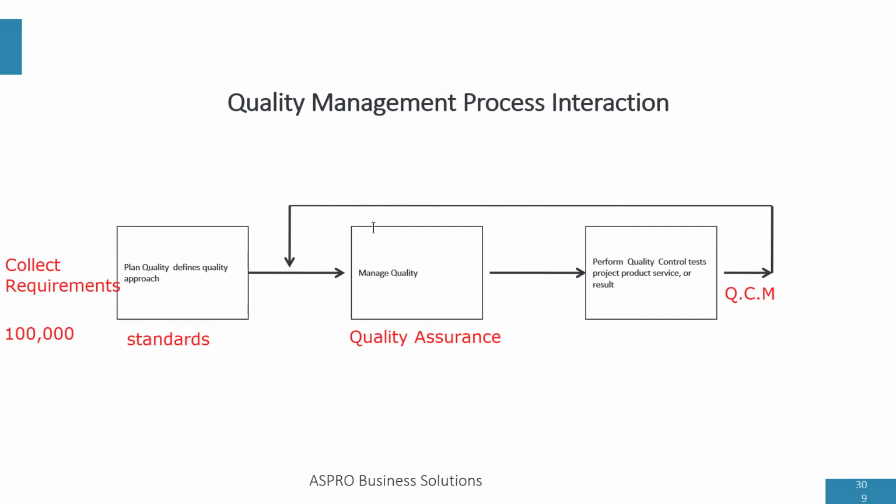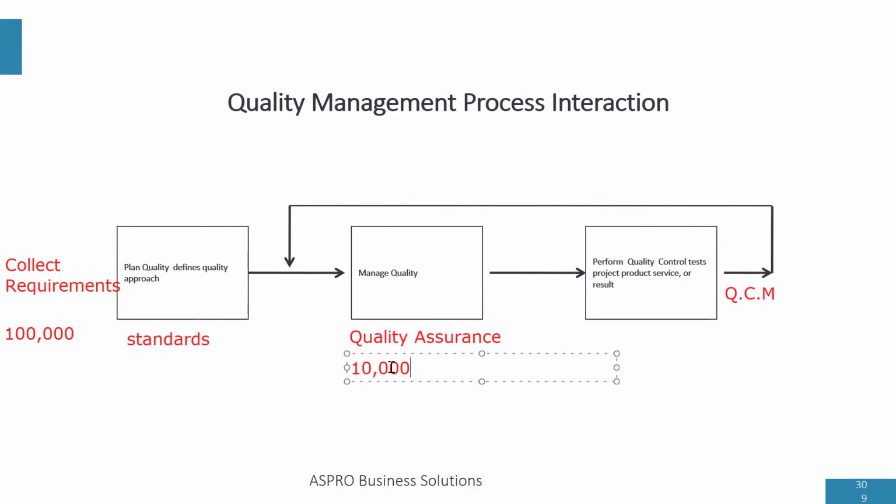Now, let's say that our company can only produce 10,000 laptops per batch. So what's going to happen is that the first 10,000 is going to be produced. While we're producing the first 10,000, we're going to do quality assurance, ensuring that the processes to build the laptops are audited.